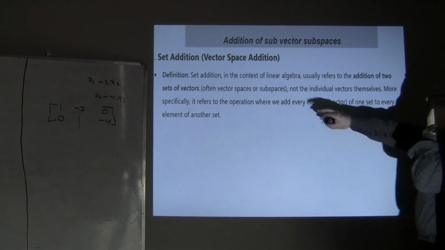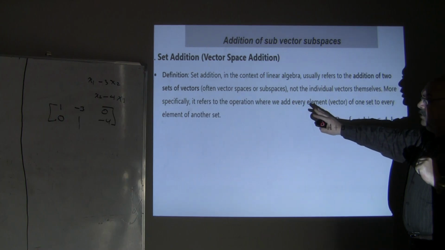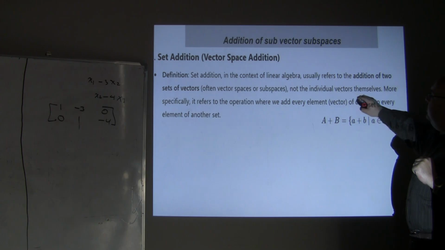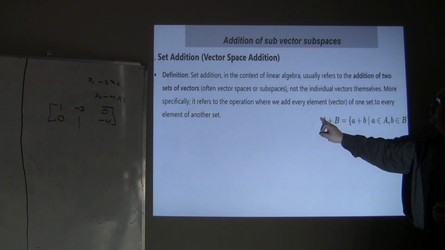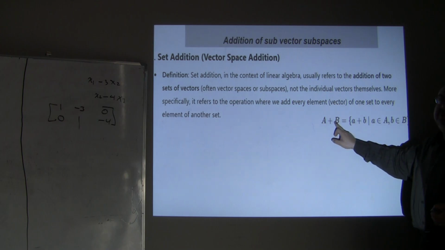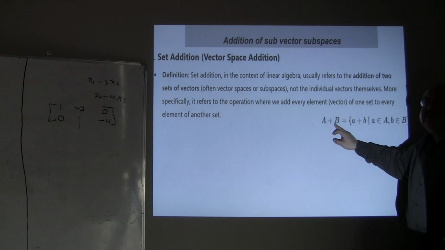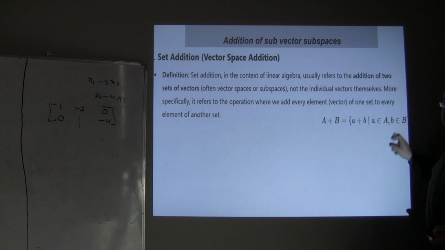A definition in the context of linear algebra: addition refers to the addition of two sets of vectors, often vector spaces or subspaces, not the individual vectors. So, remark, when I say A as a subvector space plus B as a subvector space, I will get new elements, which are a plus b, where a belongs to A capital and b belongs to B capital.